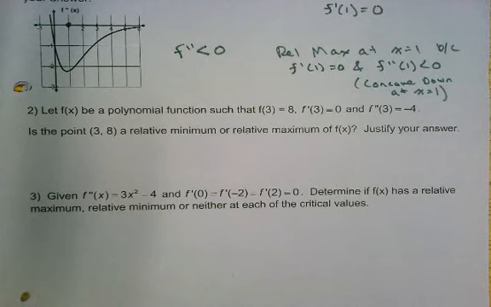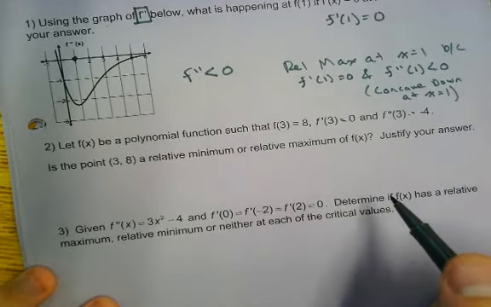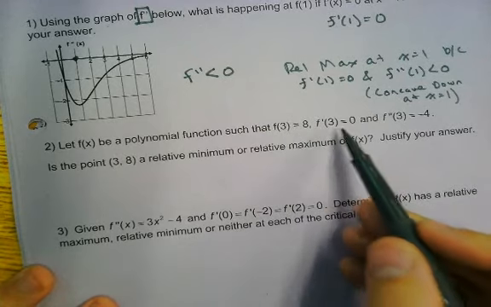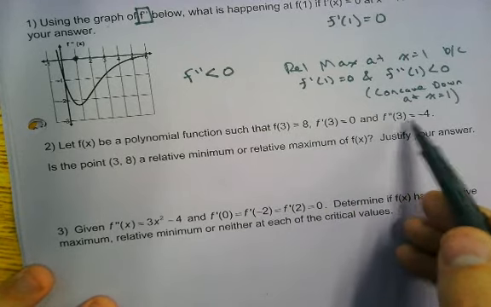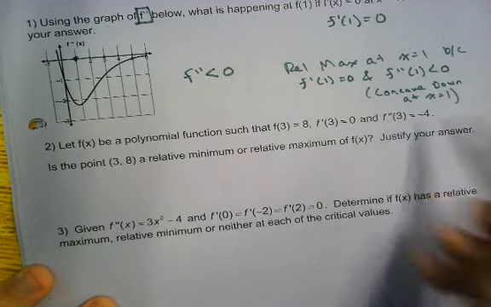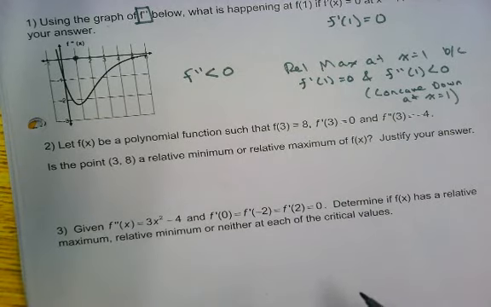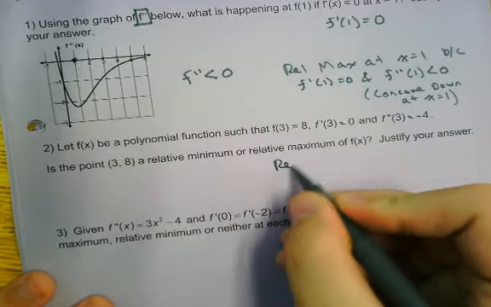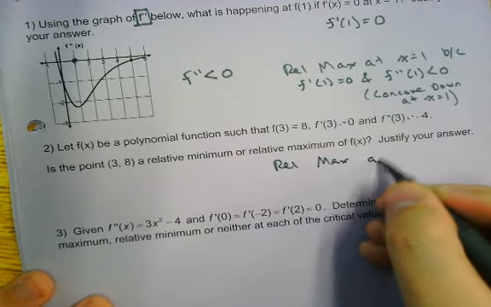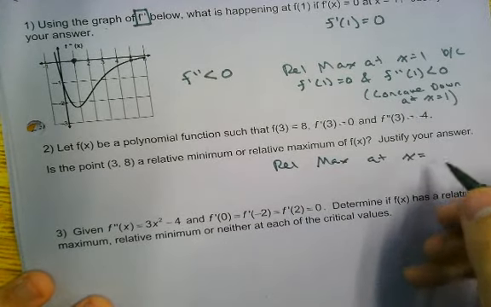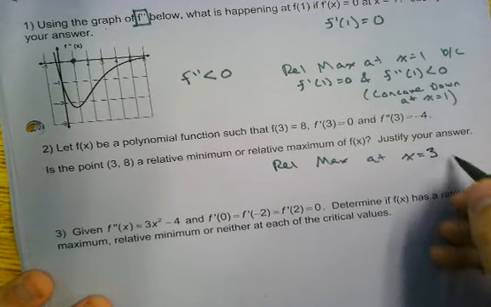Nathan, what'd you get for this one? There is a relative max at x equals 3 because f prime of 3 is 0 and f double prime of 3 is less than 0. That was beautiful. Relative max at... How much work did you need to do before this? 0 work.